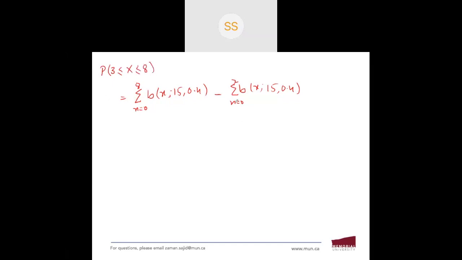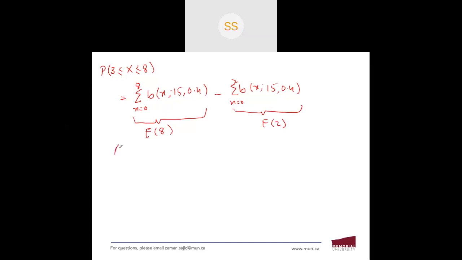This is why I'm doing this: it is easier to calculate. Now the first term is F(8) and the second term is F(2). I go back to my cumulative tables, the probability tables.